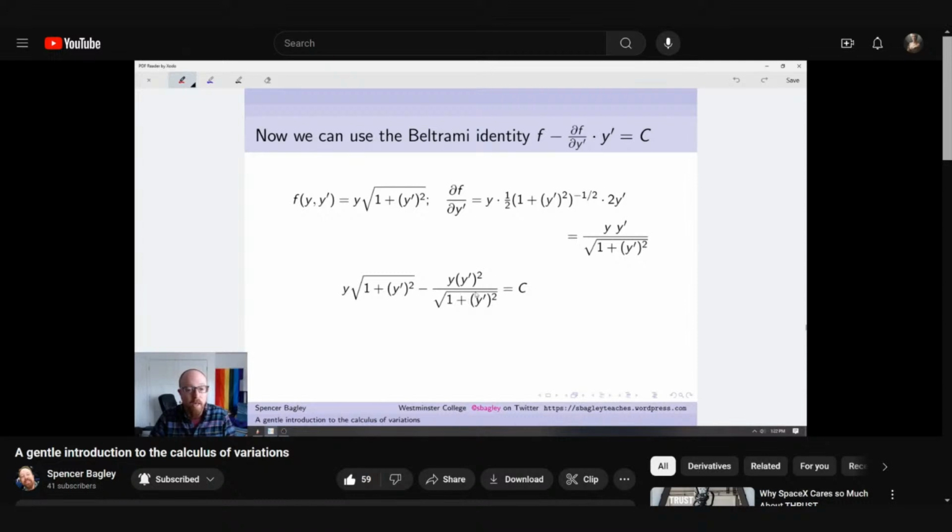Now that I've multiplied it by y prime, this y prime ends up being squared. And then the difference of those is supposed to be a constant. Neat.